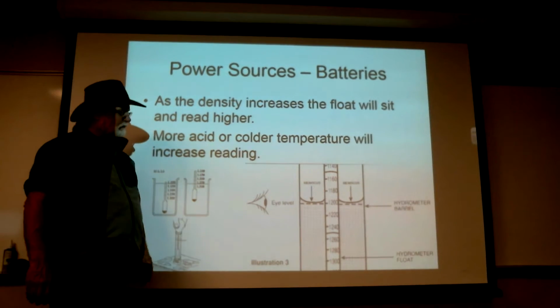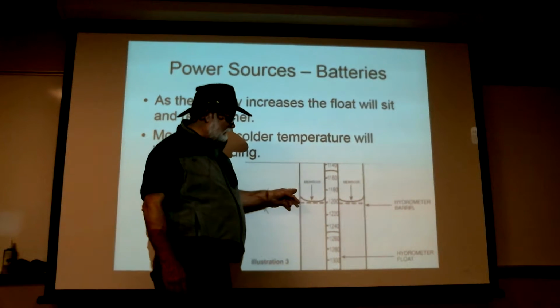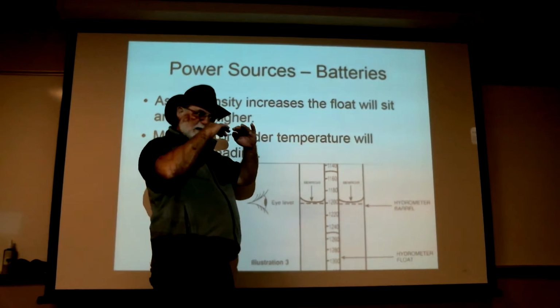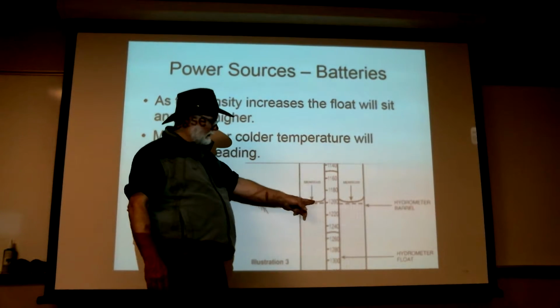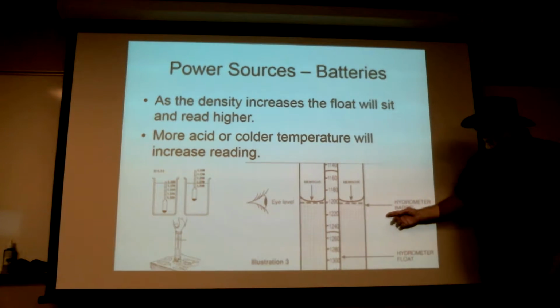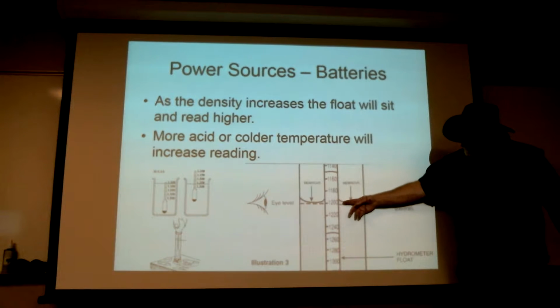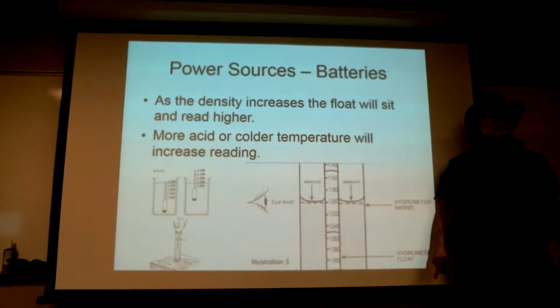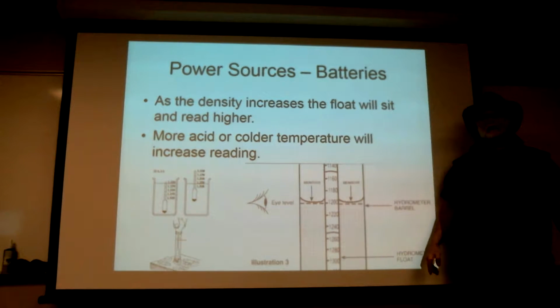The other thing is, they're making a deal about eye level and not introducing parallax as well as the meniscus. So the meniscus, instead of reading 1200, we're reading, looks like, 1190. It's still not in the red.